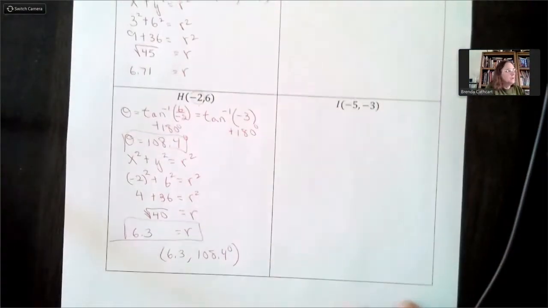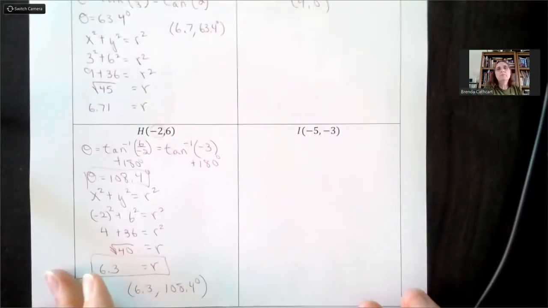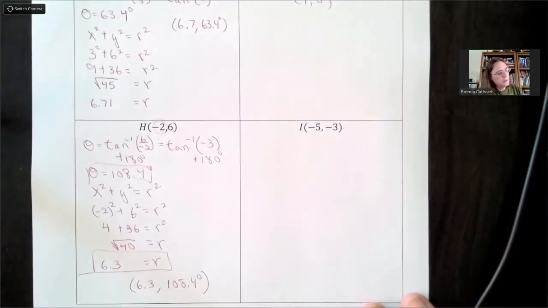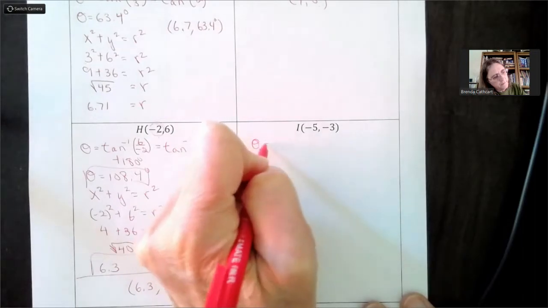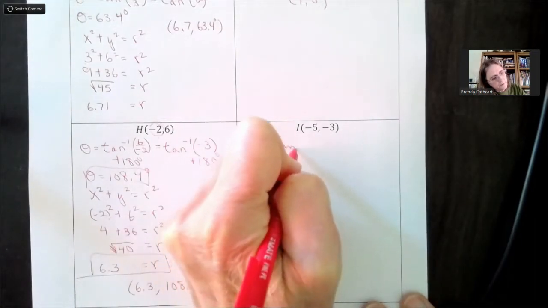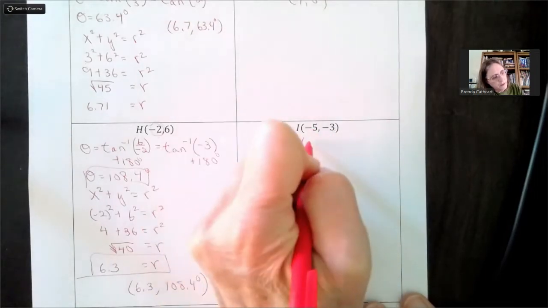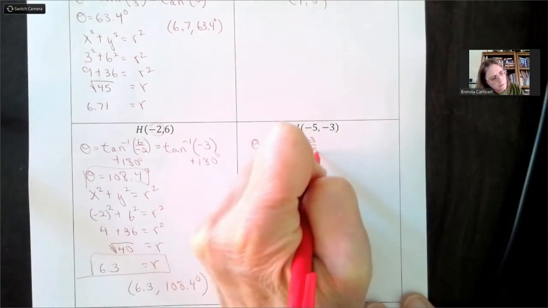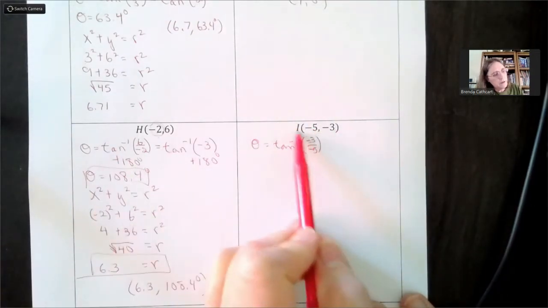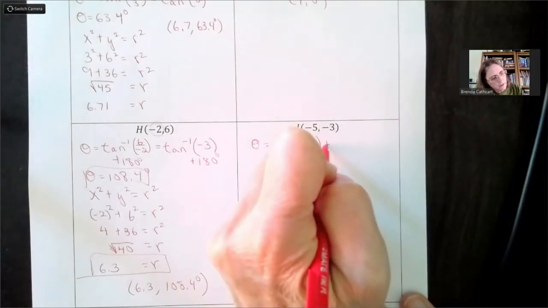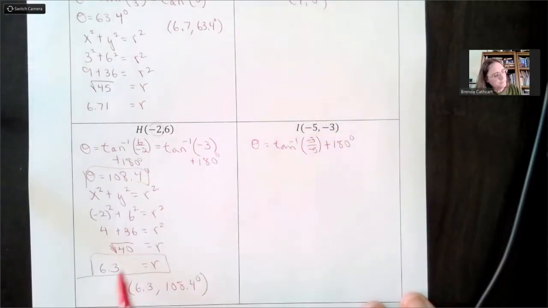Okay. Now let's do one last example, converting to polar coordinates. Our angle theta is tan inverse of the y over the x, so negative 3 over negative 5. And since the x-coordinate is negative, we're going to add 180 degrees to it.